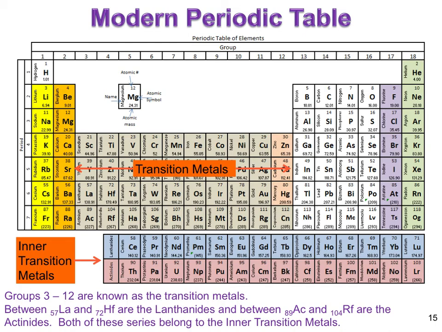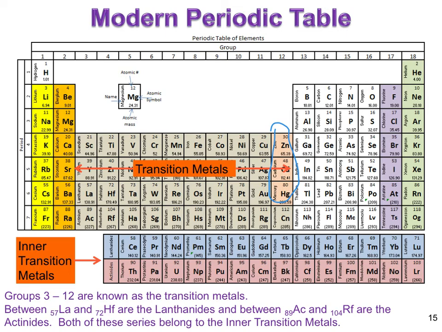However, zinc, cadmium, and mercury, if you'll notice they're slightly highlighted a different color, kind of an orange color, aren't considered traditional transition metals simply because their chemistry is more akin to only losing 2 electrons from their outer shell, and so they have a similar chemistry to each other and don't have chemistry similar to the rest of the transition metals, which have multiple ionic charges.